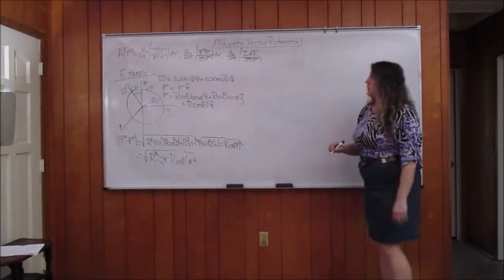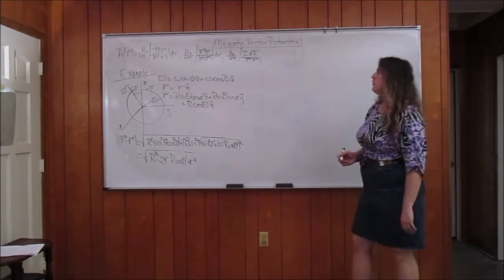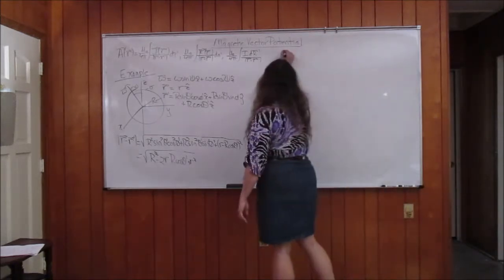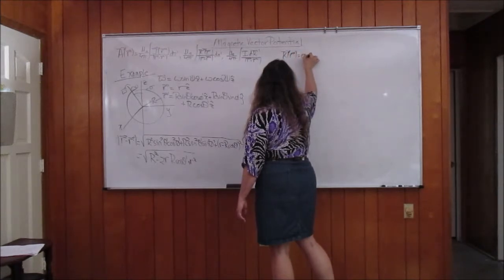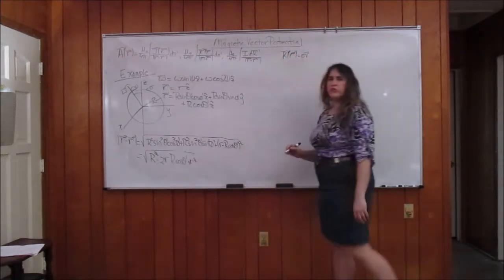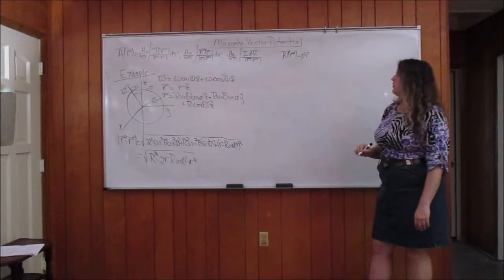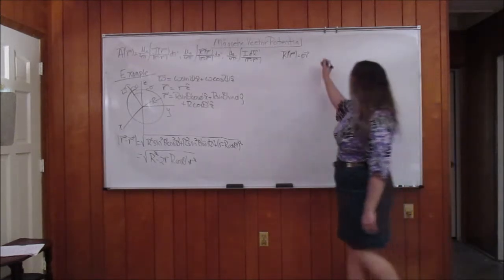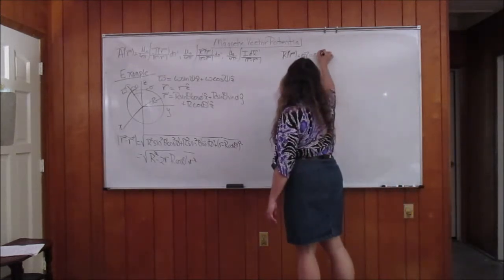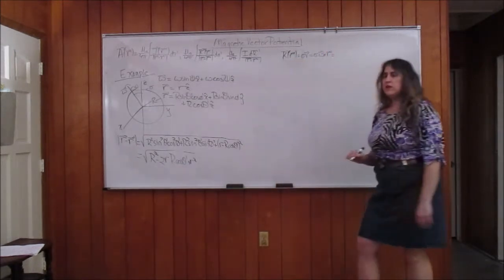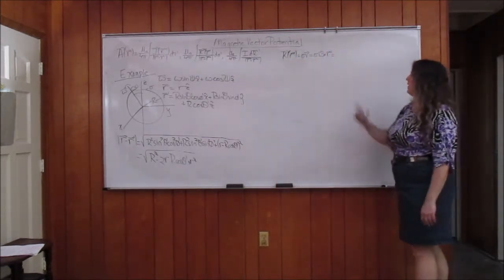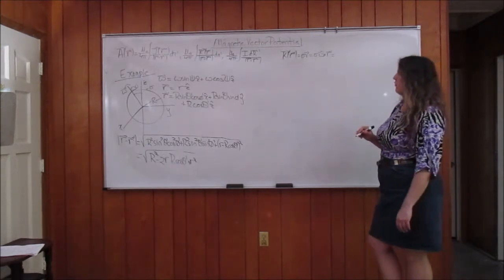Before I can evaluate the integral, I need to write down an expression for the surface current density. That's just equal to the surface charge density times the velocity. And velocity is equal to the cross product of the angular velocity and the source vector.